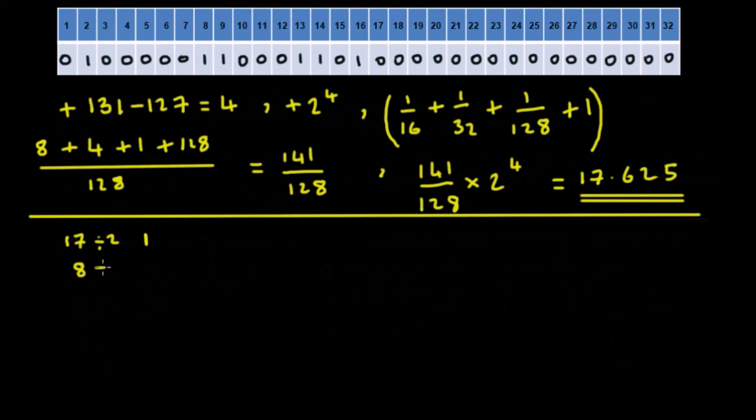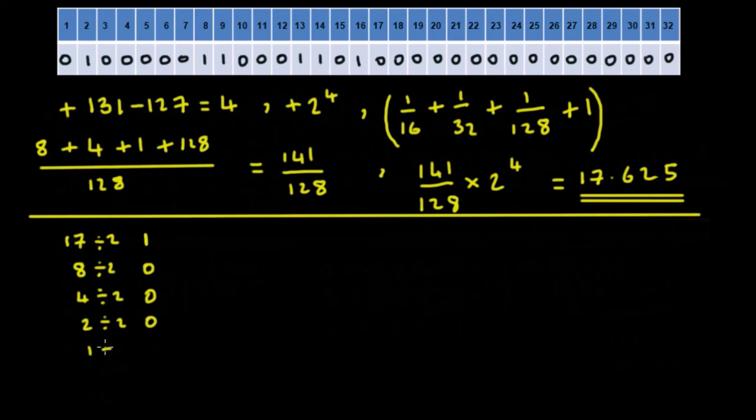We then divide that by 2 again, and that's going to give us a value of 4, and there isn't any remainder, so we put 0 for the remainder. We take the 4 and we divide that by the 2 again, and again gives a value of 2 and there's no remainder. We divide the 2 by 2 and it gives a value of 1 and there's no remainder.